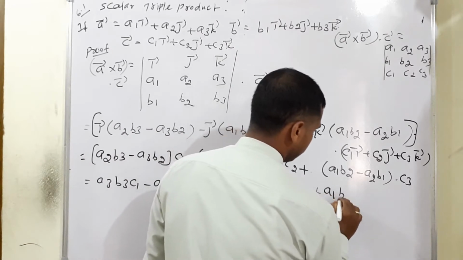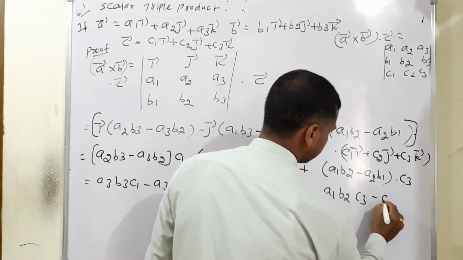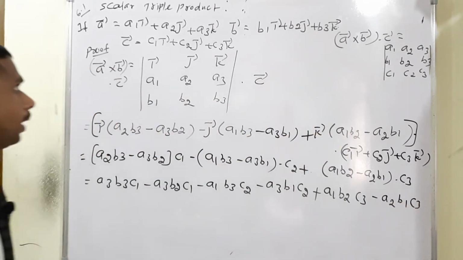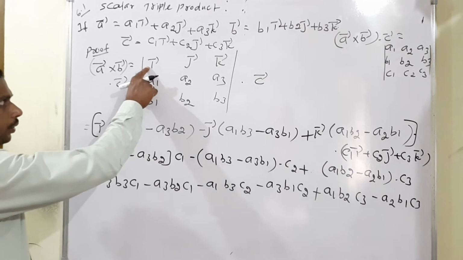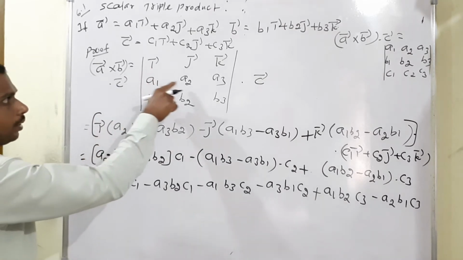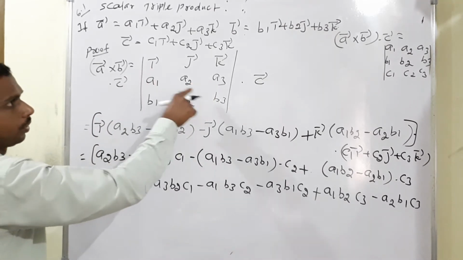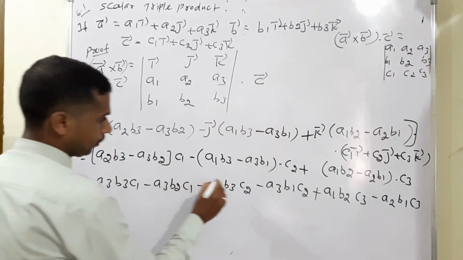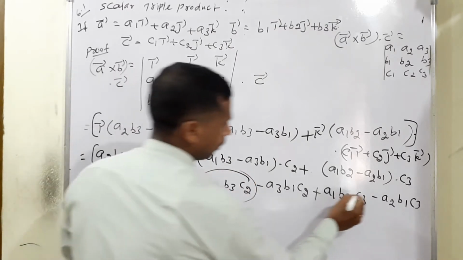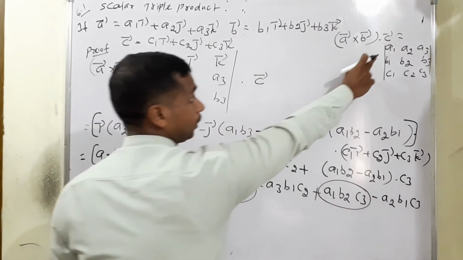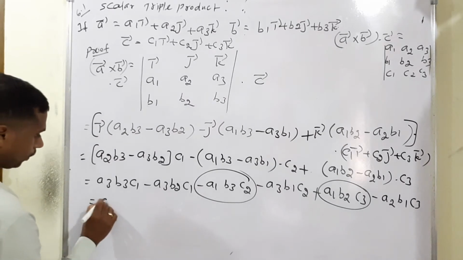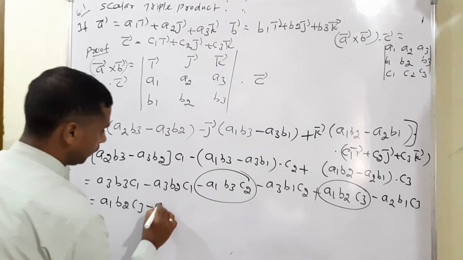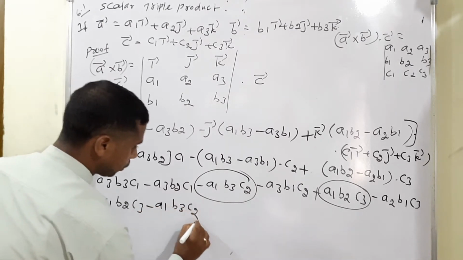Again A1 B2 C3 minus A2 B1 C3. Starting with positive term, consider A1 A2 A3. Here also A1 A2 A3 is there, starting with the A1 term. Here I will write it starting with the positive sign. Therefore, A1 B2 C3 then minus A1 B3 C2.